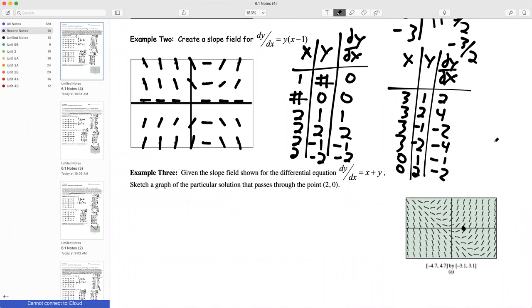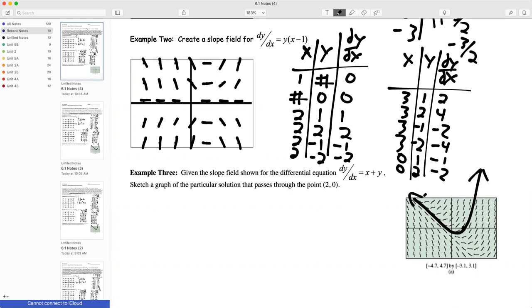And my graph is going to have to go through that point, and then it will need to follow the slope field. So you can see the slope field kind of angles up to the left, and over here kind of curves and goes upward. So I'm going to sketch a graph that follows that.